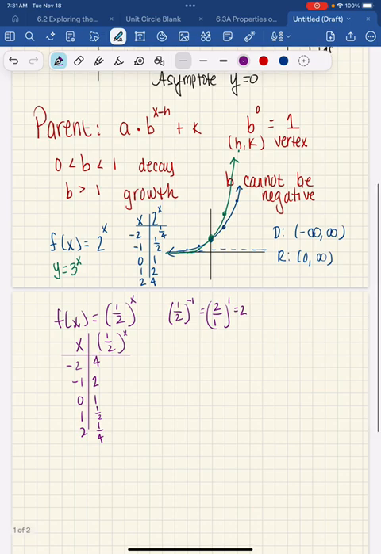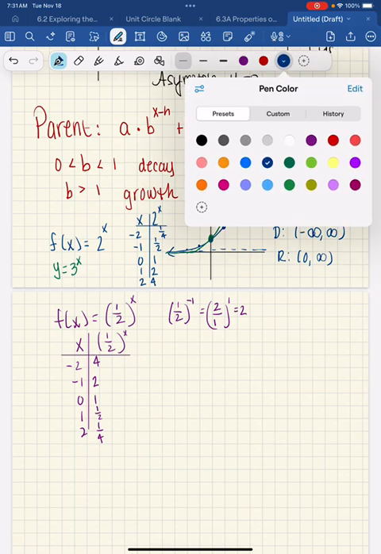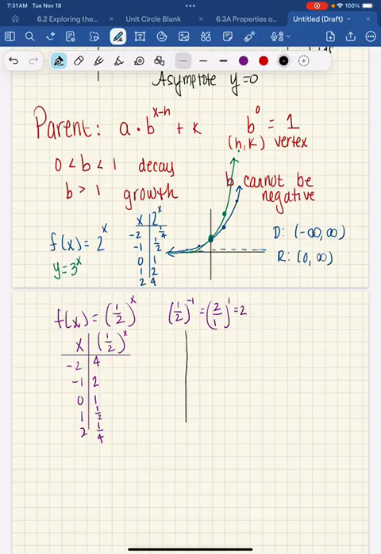All right, so when I graph this, I'm going to show you something pretty cool after I sketch a pretty basic graph here. So negative 2, 4, negative 1, 2-ish. Not the greatest of graphs.